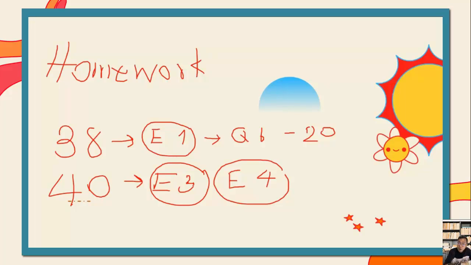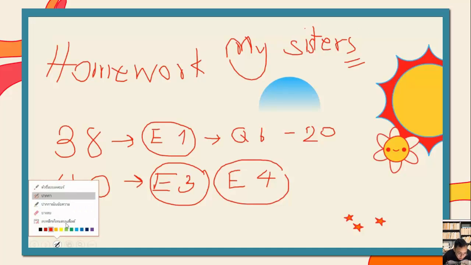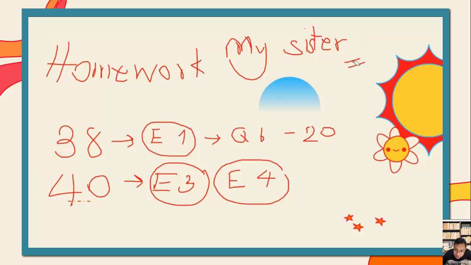For example, number 1, my sisters, ใช่ไหม sisters อยู่ในรูปแบบของ plural เพราะว่ามันมี s. How do we change to a singular noun? ทำยังไง แค่ลบตัว s ออก แค่ลบตัว s ออกก็จะกลายเป็น a singular. So it becomes my sister, not my sisters, my sister.